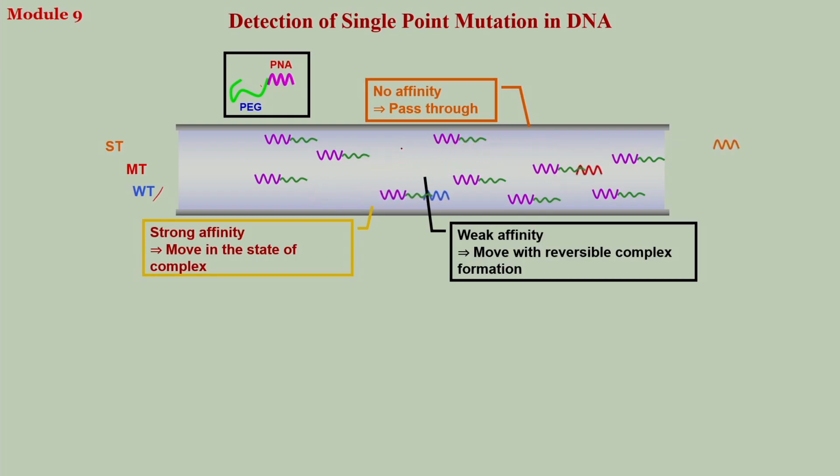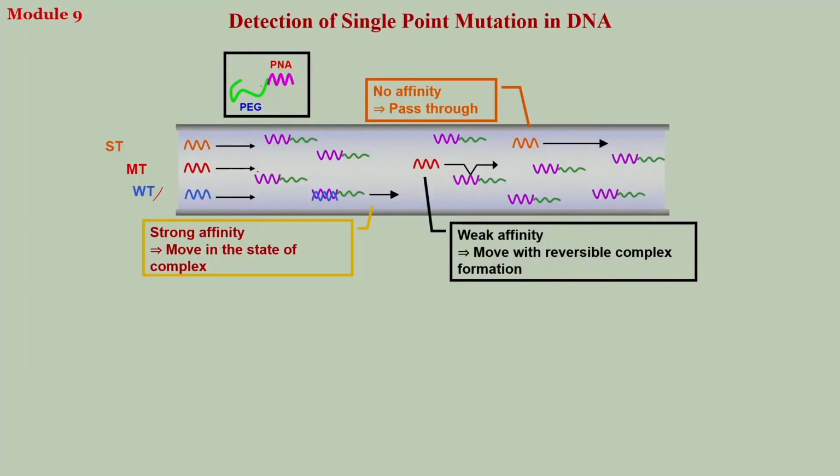Mutant, because of its single point mutation, changes the melting temperature by around 20-25 degrees. So, under an experimental condition, if you do this experiment at a little higher temperature, let us say 50 degrees, then this hybridization would be very weak. They will hybridize and open up, hybridize and open up, because it will be in the melting temperature range.